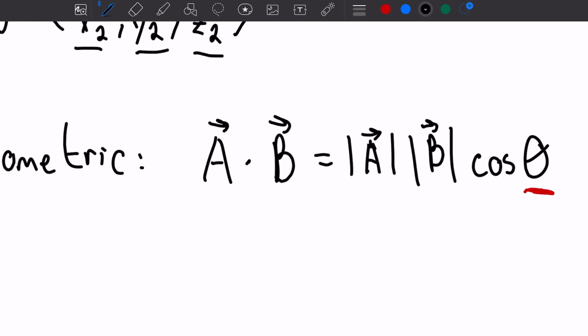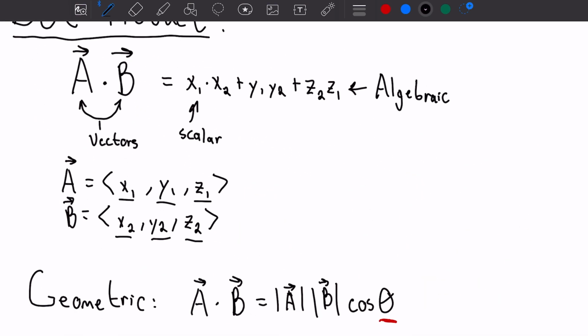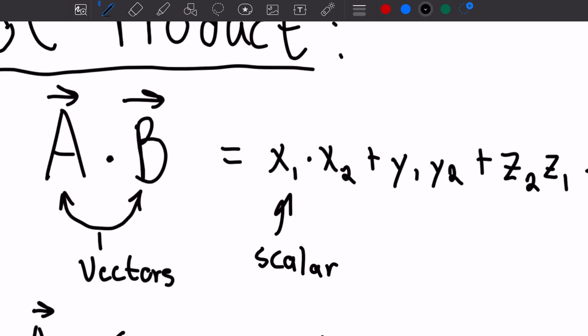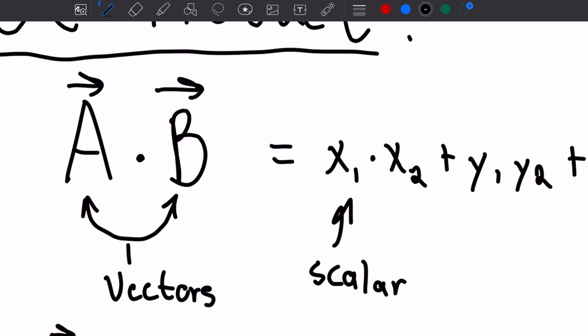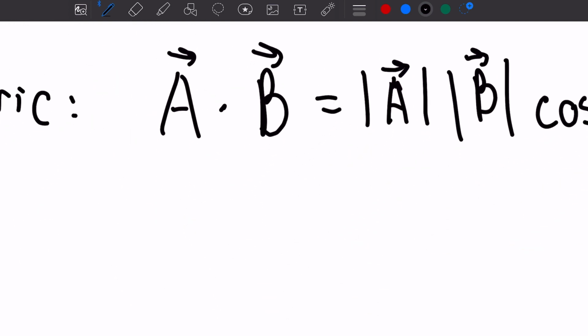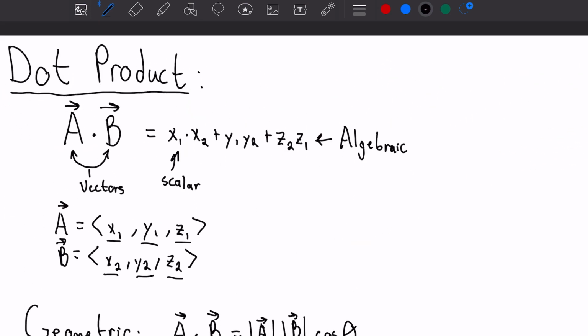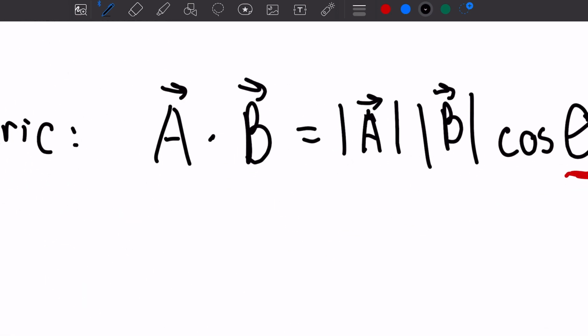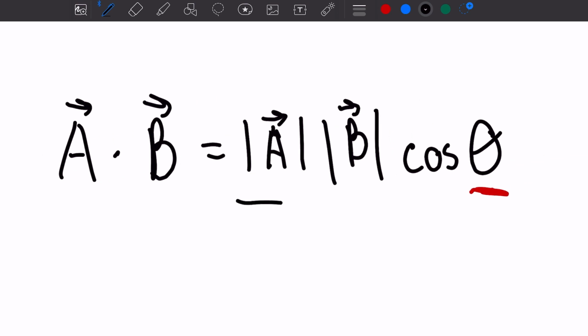Remember from earlier that we have this equation for our algebraic definition. Just to save some room, I'm just going to write it as a dot b, but it will be equal to this up here. So essentially all we would have to do is divide by these magnitudes.